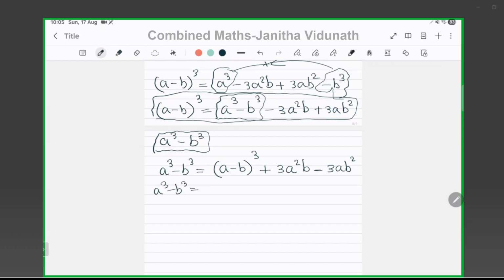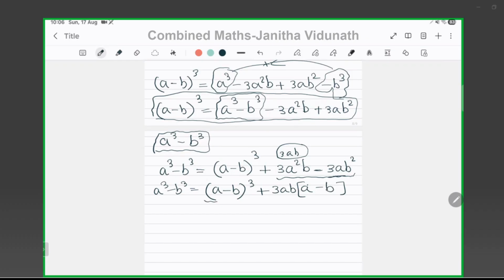Then from these two terms, we can see 3 times ab is common for both terms. Then we can factor out 3 times ab, and here remains a, and from this term there is a remaining minus b.